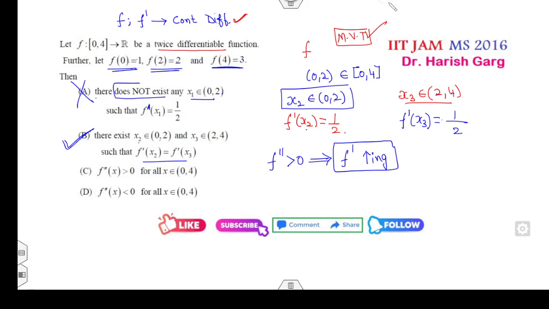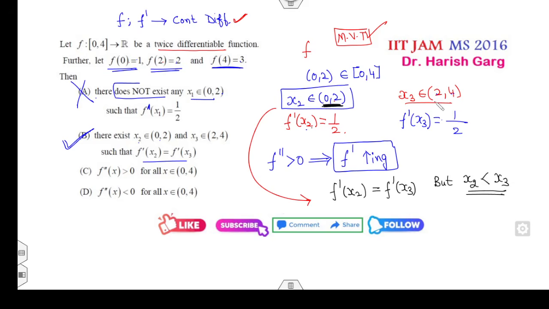F dash is an increasing function, but from the second case you can see f dash x2 and f dash x3 both are same, but the value of x2 is less than x3, because x2 lies between 0 and 2, x3 lies between 2 and 4. So that means the second derivative will be 0 at these 2 points. Fine.